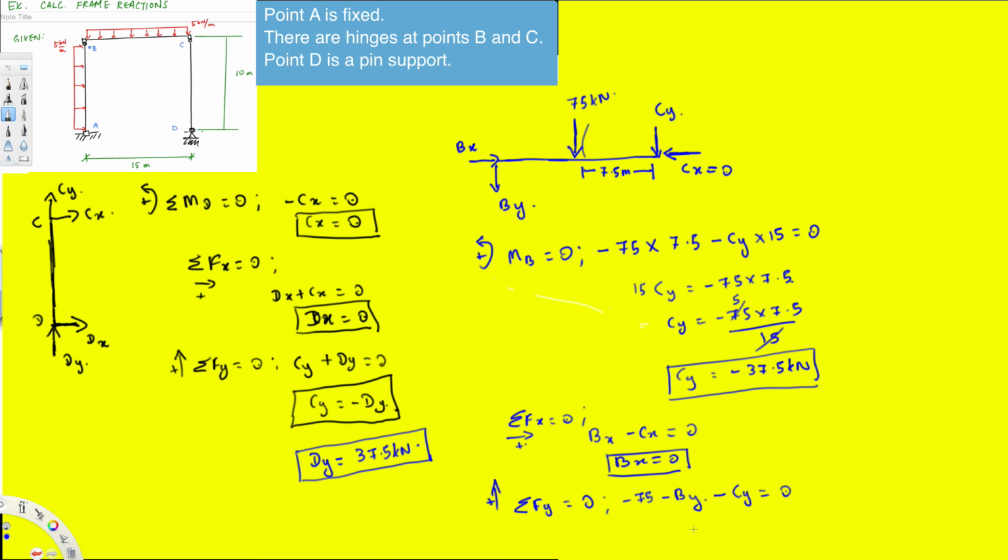If I move the By to the other side, it's going to be By equals 75 plus Cy. I can substitute this value, so it's going to be minus 37.5. So minus minus is plus, so it's going to be minus 37.5 kilonewton. So we found the By, and that's all we can find here, right?